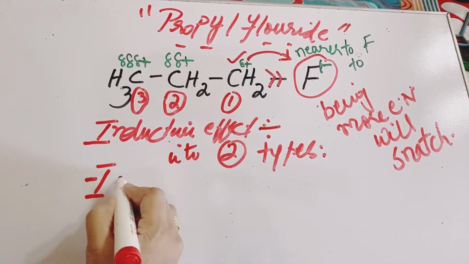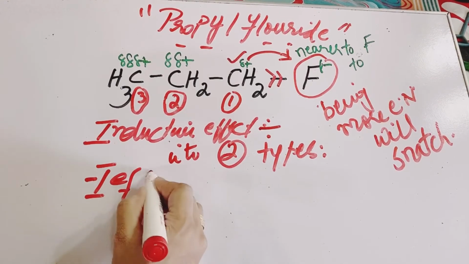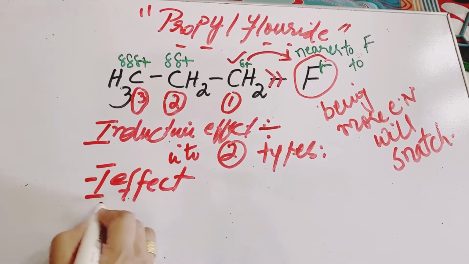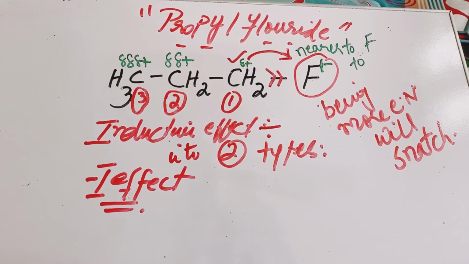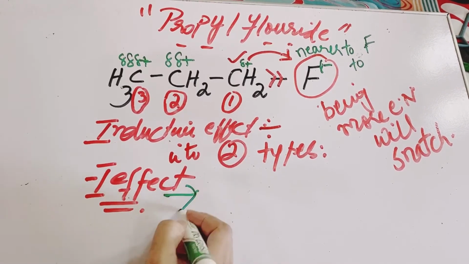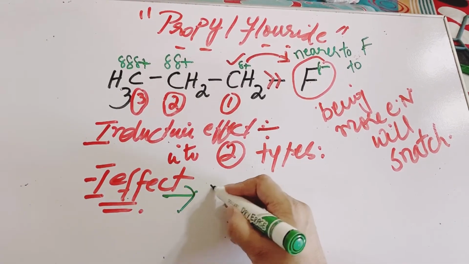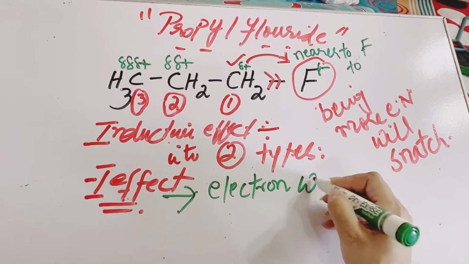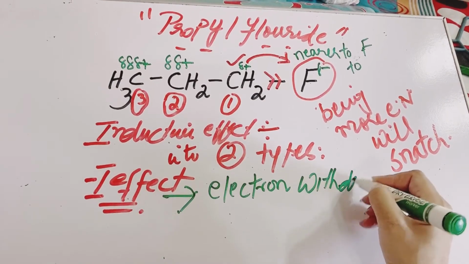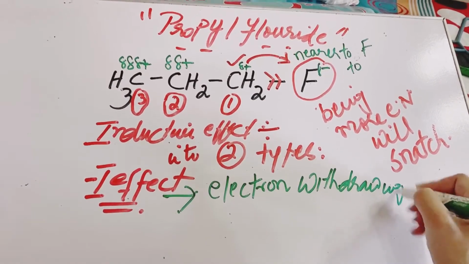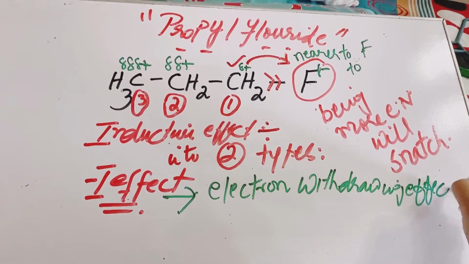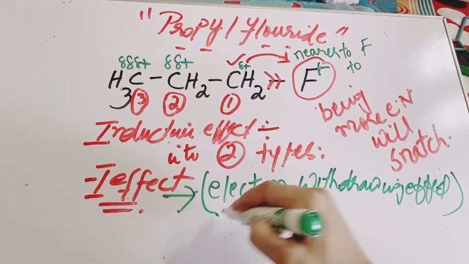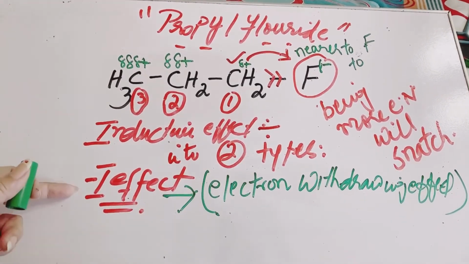And what is this I effect? The I effect is simply called the electron withdrawing effect. This is simply called the electron withdrawing effect, this I effect, right?